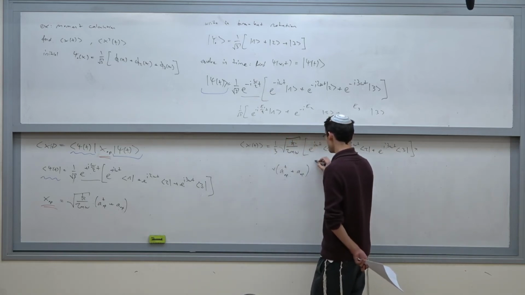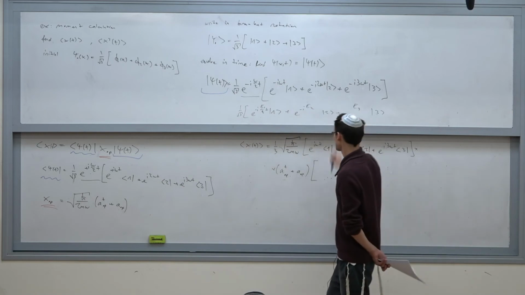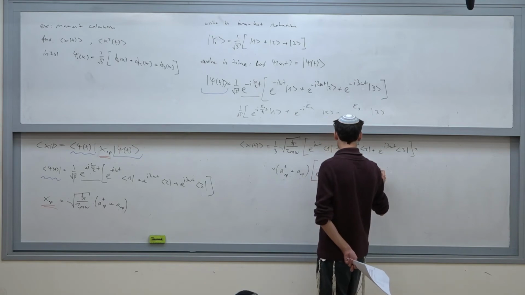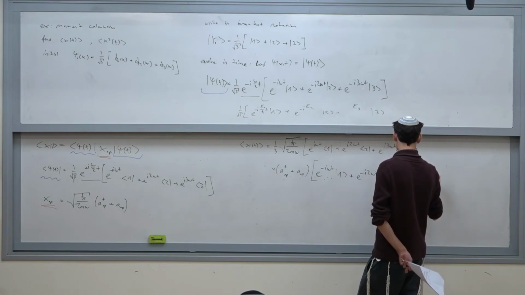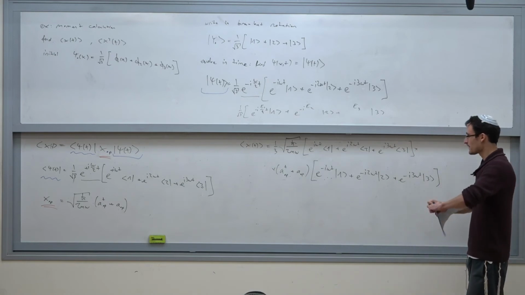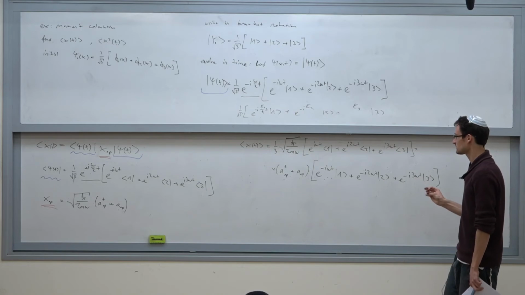And then I close with the ket, which is this thing. So it's e to the minus i omega t ket 1 plus e to the minus 2i omega t ket 2 plus e to the minus i 3 omega t ket 3. There we go. It's a long expression, but you'll notice in a second that it is really simple to calculate.